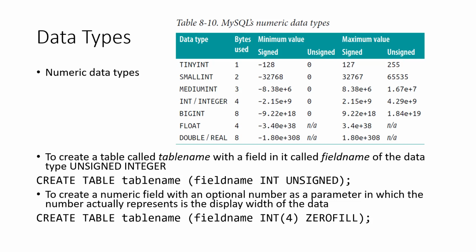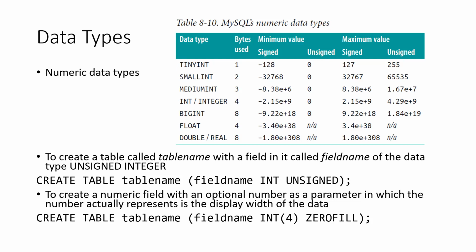Now, for example, if you select a data type like int, or let's say tiny int, and the number of bytes allocated for the data size is 1 byte, the range of numbers that you can represent goes from minus 128 to plus 127.